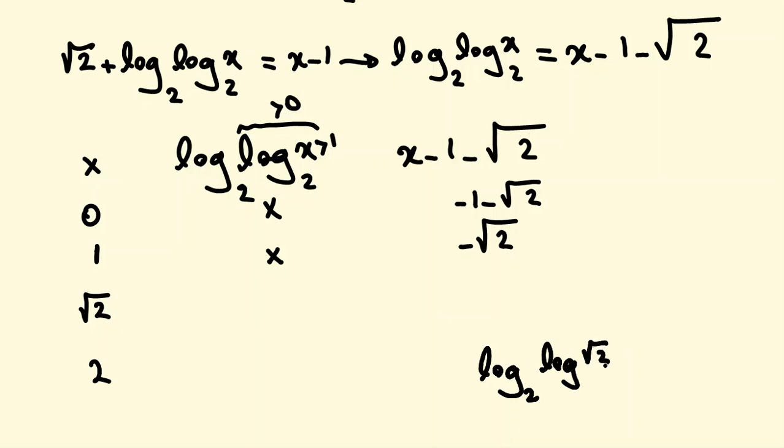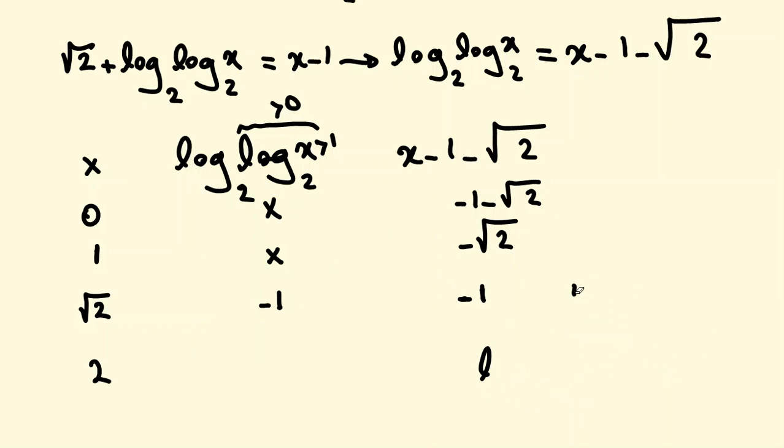Log root 2 of 2: 2 to the power of what is root 2? 1/2. And again ask the question, 2 to the power of what is 1 over 2? Negative 1. So here it will be negative 1. If we replace root 2 here, root 2 minus root 2 is 0, and negative 1. So we found one answer.